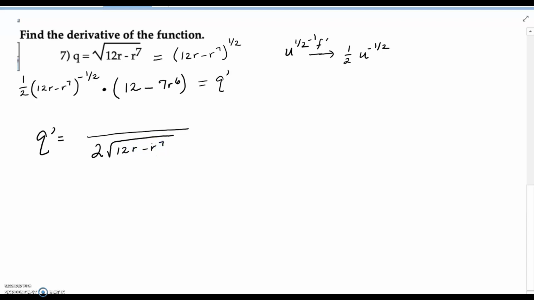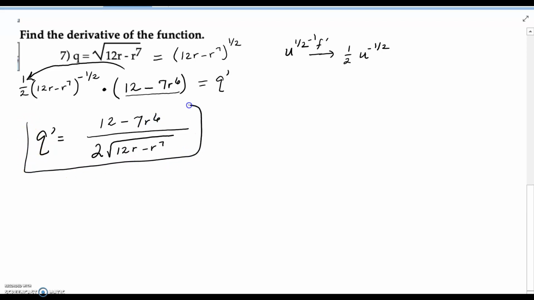And then this stays in the numerator because it gets multiplied by the 1 that's up on top of the fraction. So 12 minus 7r to the 6th. And that is what this derivative looks like using the chain rule.